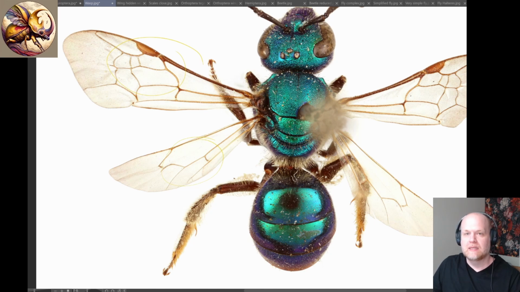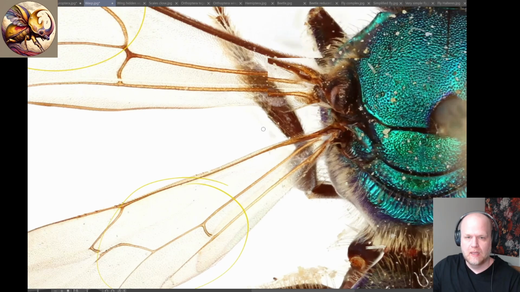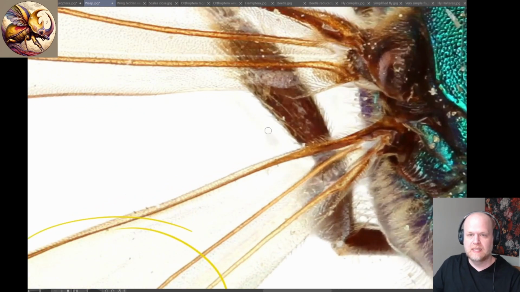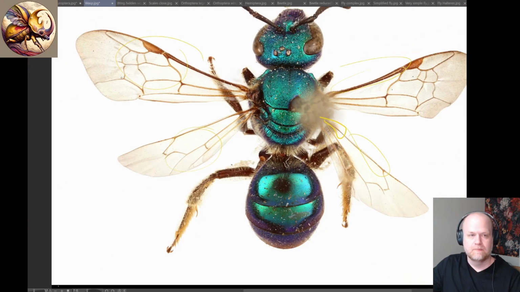In some parasitic wasps, this venation is reduced even further, so it'll only have one major vein in each wing. Sometimes the hind wing has no major veins, or just a little stub of a costa. I wonder if you can see the hamuli on this. Yeah, you can. You can see some of the hooks on the wings that would hold the wings together.